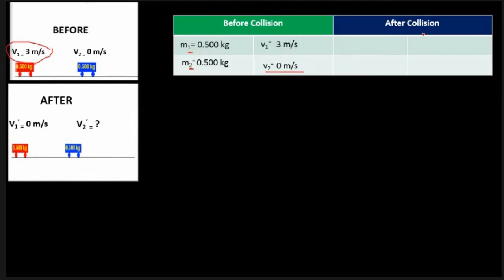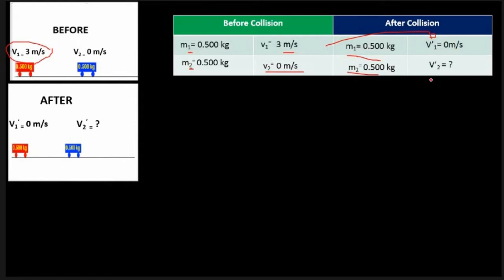And then after the collision, these will be their velocities and their masses. The masses of m1 and m2 stay the same, but the velocity of the red card goes from 3 meters per second to 0 meters per second.